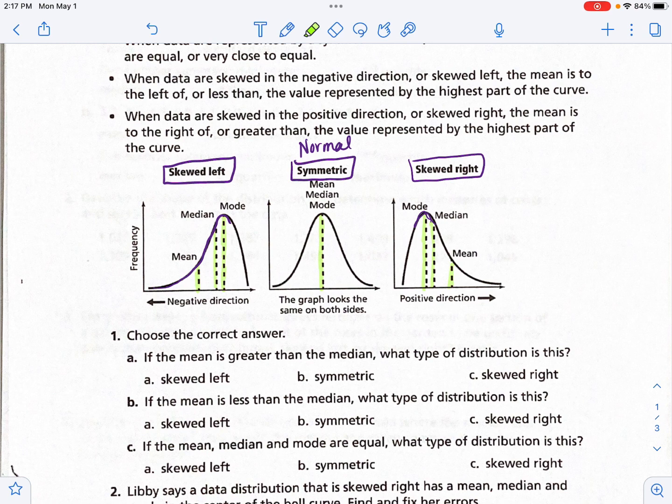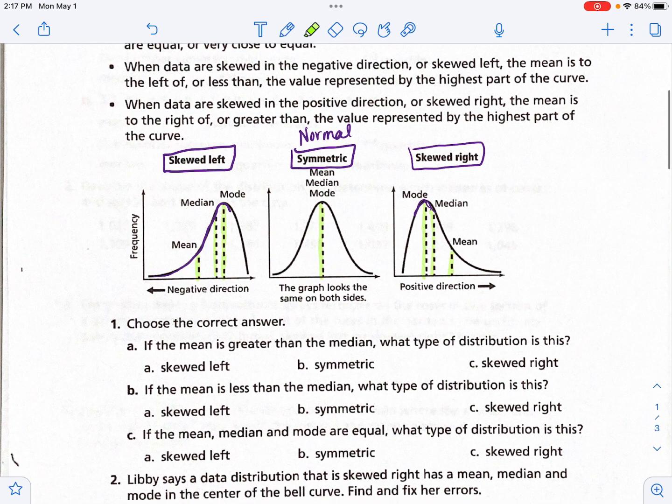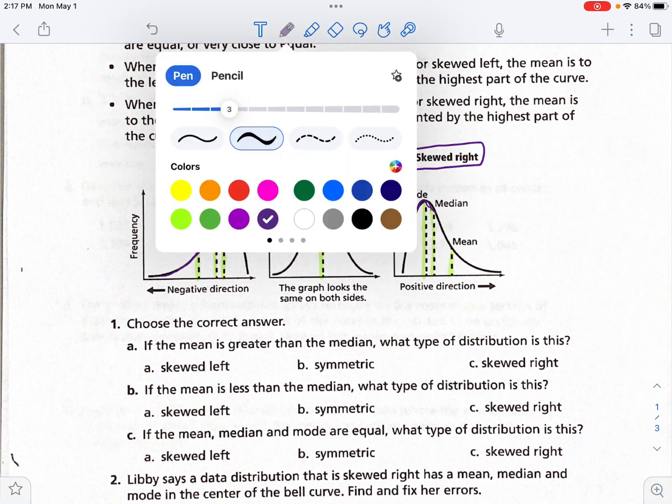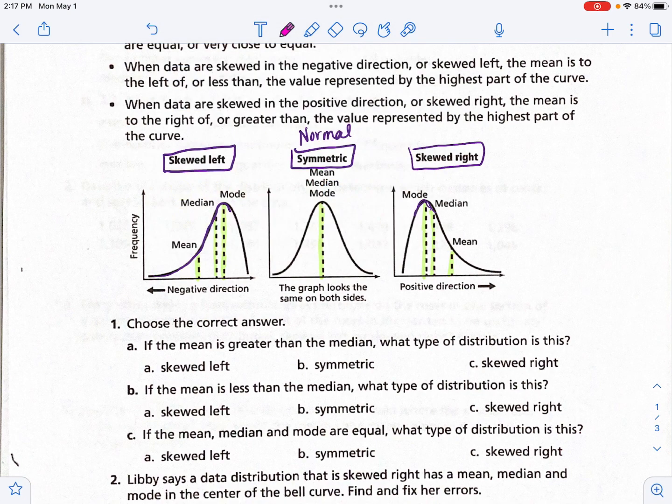So I'm just going to go down and do the answers here. If the mean is greater than the median, so let's look and see which one that is. Here's the mean. We can see that it's greater than the median in this one, right here. The mean is bigger than the median, right? It's on the right side of the median. Then we know that it's skewed right.